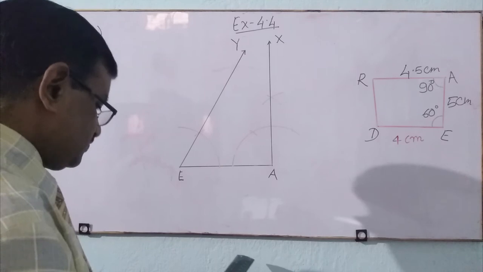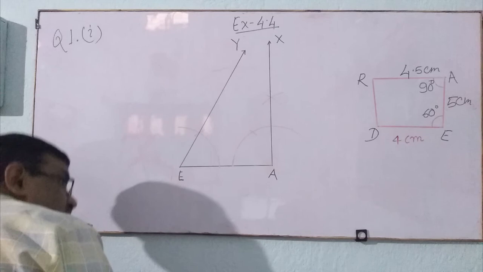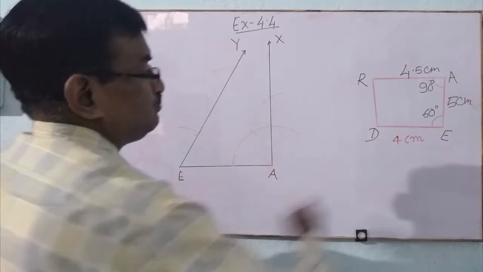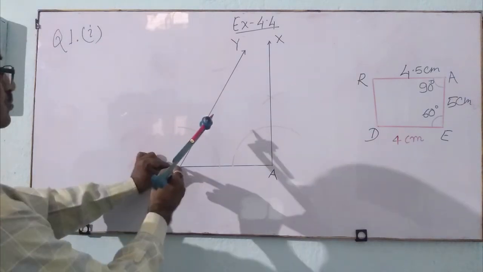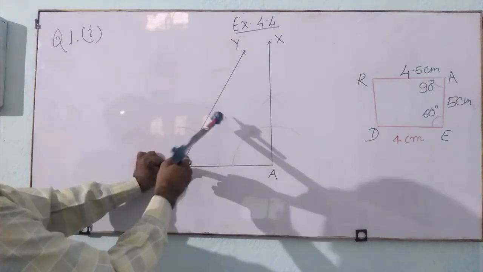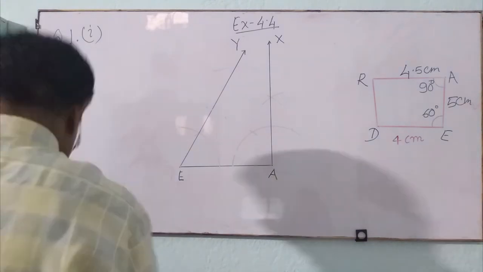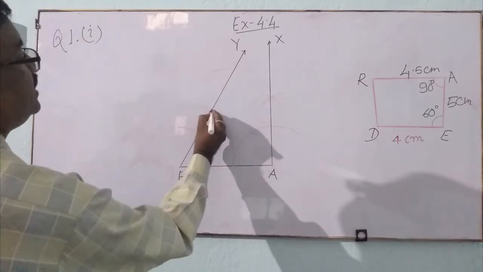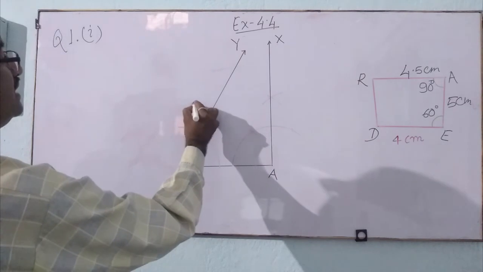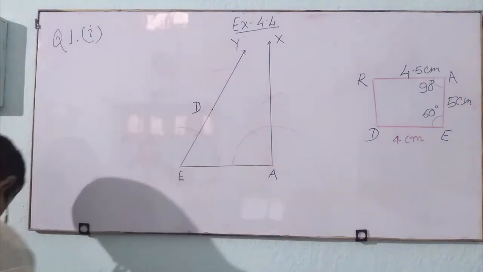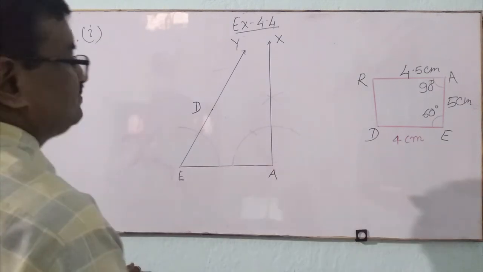Now one length is 4 centimeter, another is 4.5 centimeter. Take 4 centimeter, put it at point E, and take an arc. This is the point D. Now take another arc for 4.5 centimeter.